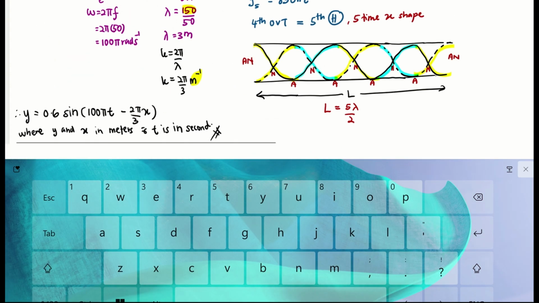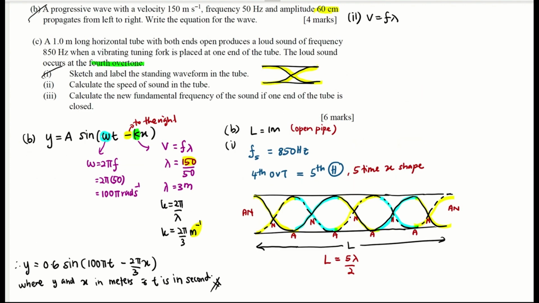Therefore, okay, you can calculate lambda is equal to 2L over 5. Where 2L tadi dia dah bagi 1 meter and over 5. So means that in this case, lambda for fifth harmonics is 0.4 meter. Jadi bila you dah ada lambda tadi, okay, berdasarkan pattern yang you dah lukis pada soalan yang pertama, then you can find, frekuensi you dah ada dah.